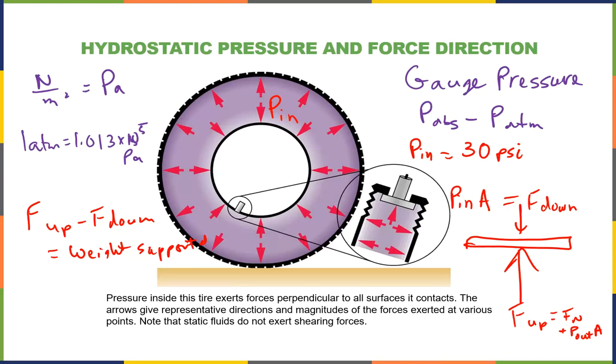Well, if I use absolute pressure, then the pressure inside is the gauge pressure plus atmospheric pressure, and on the outside, I have atmospheric pressure.